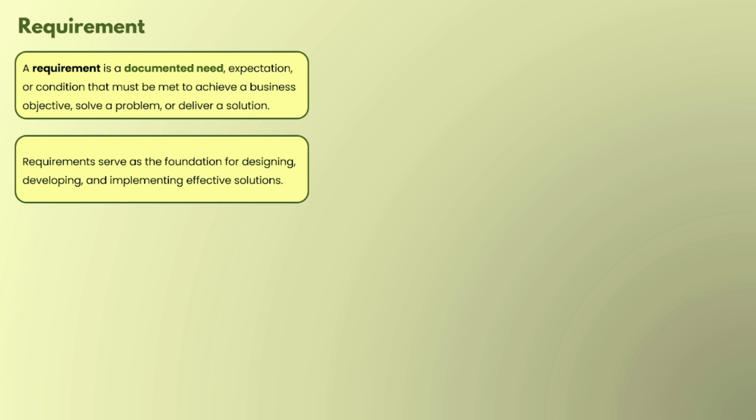Without clear requirements, the entire development process can face delays, errors and inefficiency. So that much importance accurate requirements carry, and we have seen all these things in the software development life cycle. If you are not familiar with the software development life cycle, check out tutorial number 3 using the link in the description below. Okay, now back to the topic.